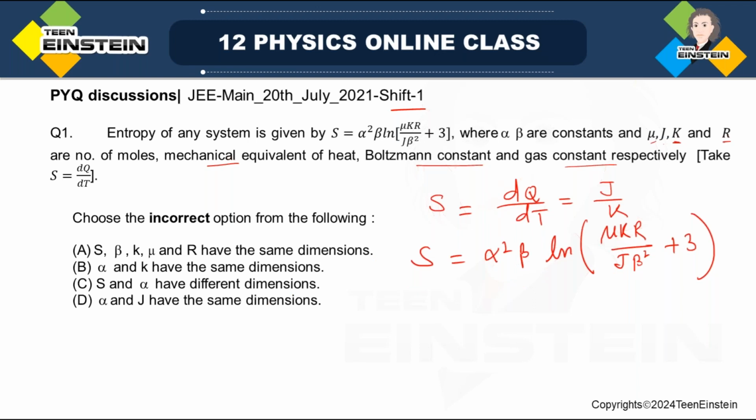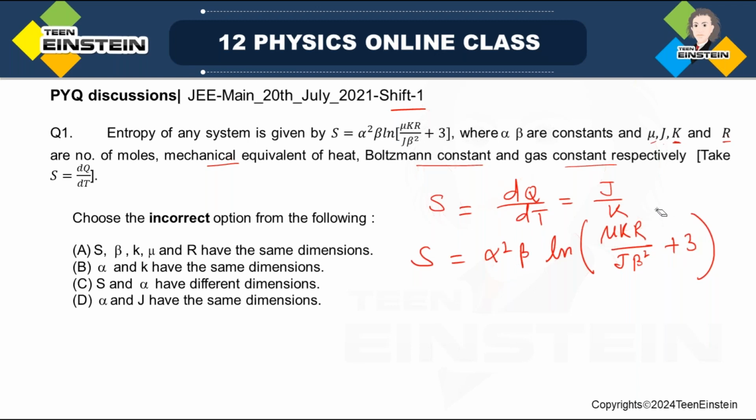First of all, let me tell you, the quantity inside ln, the whole quantity has to be dimensionless. Actually, that is the rule. Exponential, any such quantity will be a simple number, without any unit or dimension. If you are not agreeing with me, look at this: this quantity plus 3, so this is a number.